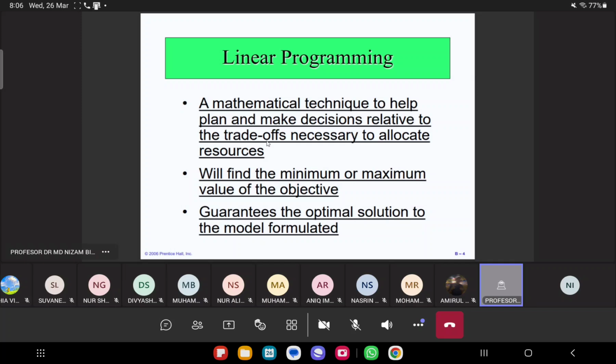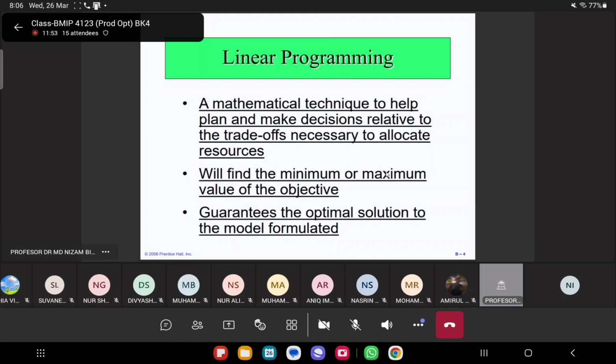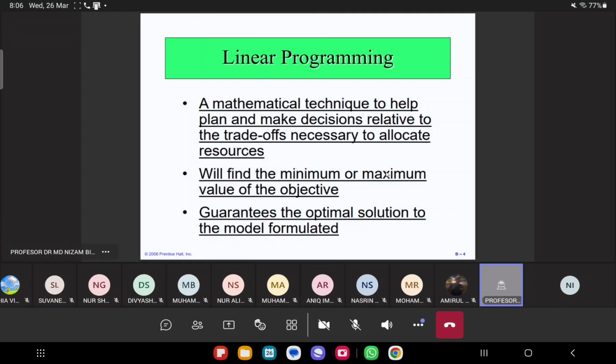Usually, if you have a situational problem, let's say you're running a manufacturing industry and you want to optimize the profit of your operation, you can develop a mathematical model associated with linear programming, and then you can use linear programming methods to optimize your operation.